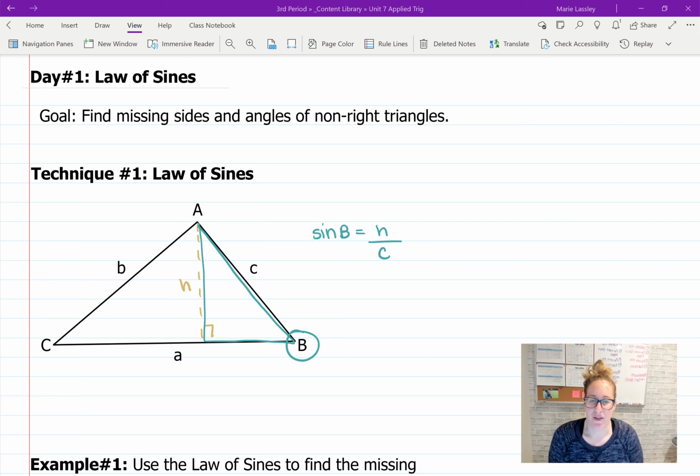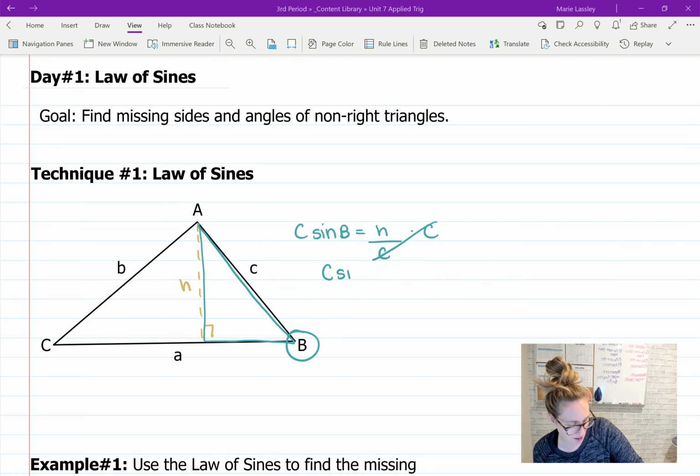To get rid of the fraction, let's multiply both sides by c. So we have c times sine of B equals h. All right, let's try the right triangle on the other side. So let's look at this right triangle.